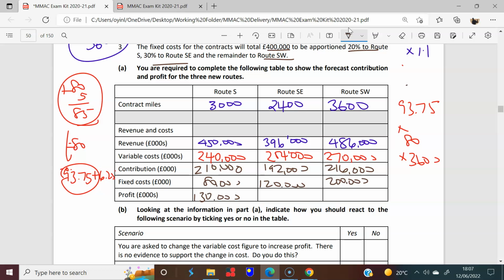Then 192,000 minus 120 is 72,000. And then 216,000 minus 200,000 is 16,000. These are the profit figures.